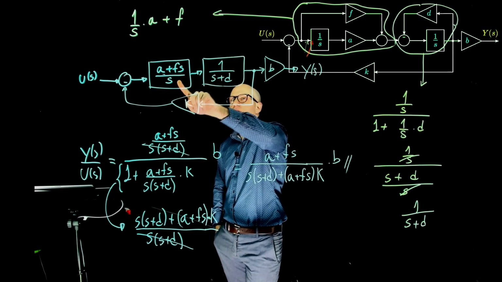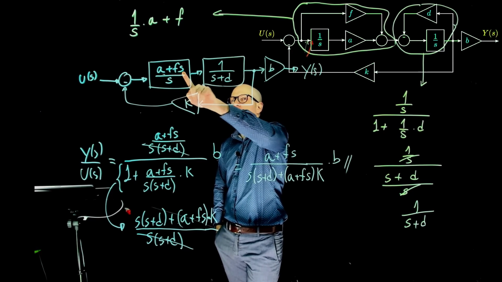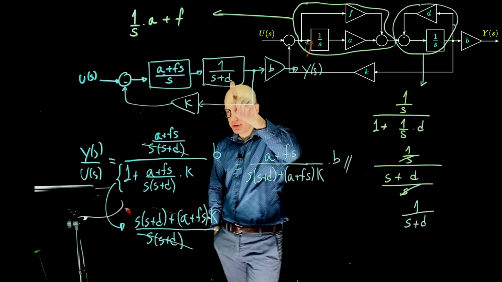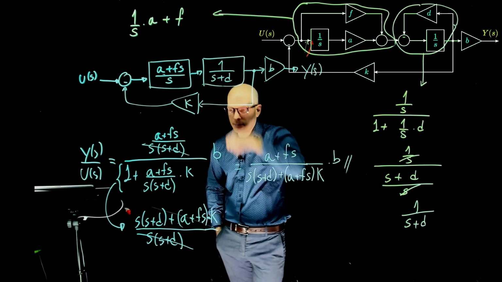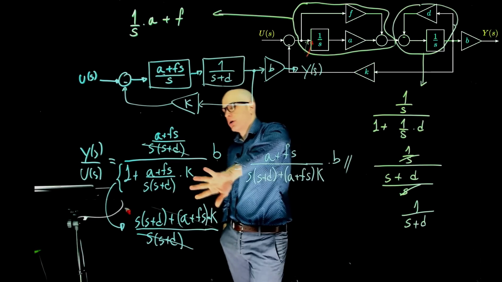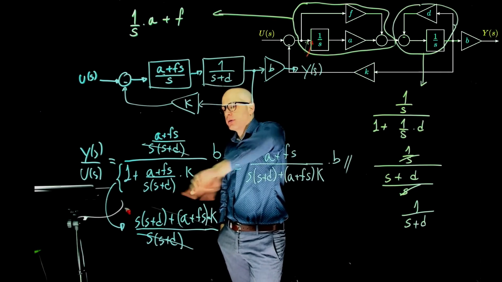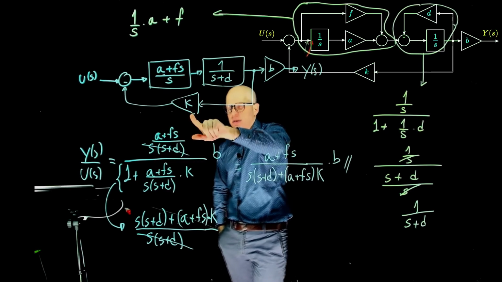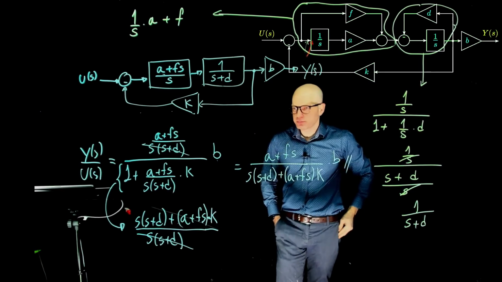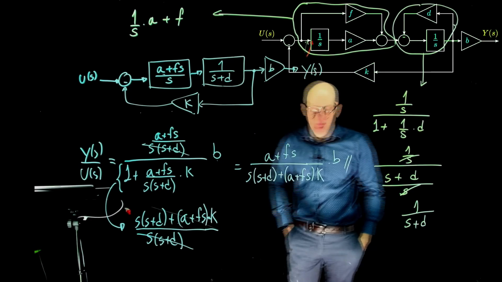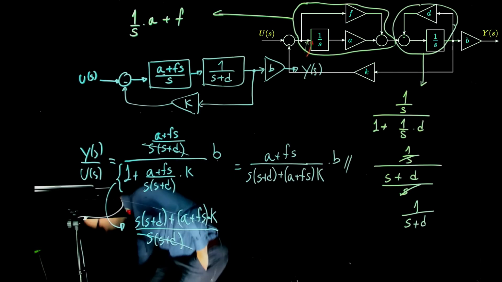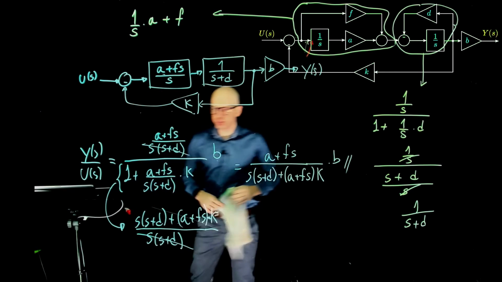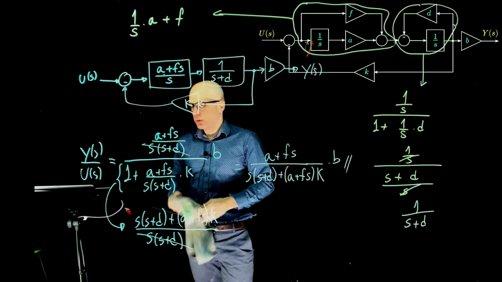Right, so just this multiplied by that is A plus F divided by S times S plus D. Do we agree there? Oh yeah, that's where I made the mistake. I did the LCM instead of multiplying. Oh, okay. And then the denominator is 1 plus the same thing, but then times K.